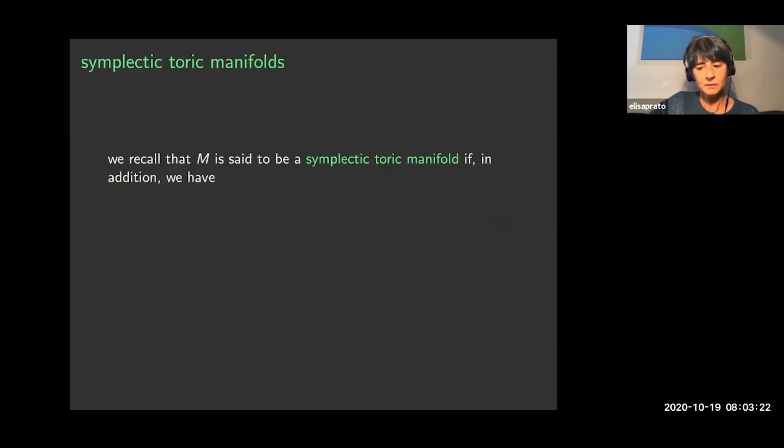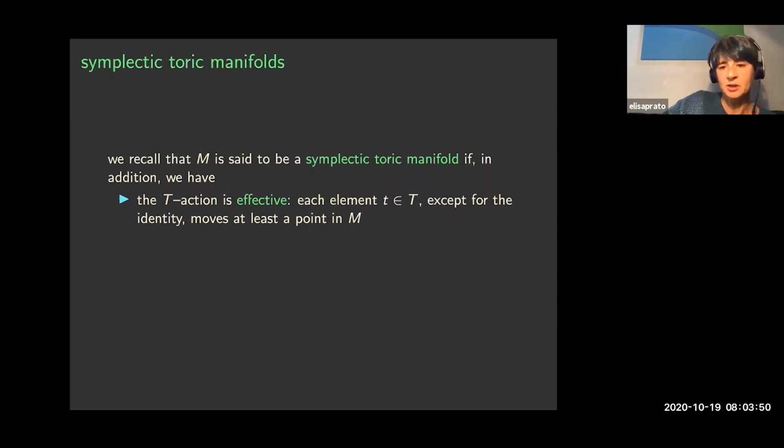Among this very general situation, we have what are called symplectic toric manifolds, which are the symplectic version of toric varieties. And a symplectic toric manifold, by definition, is a manifold, as described earlier, in which the action of the torus is effective.